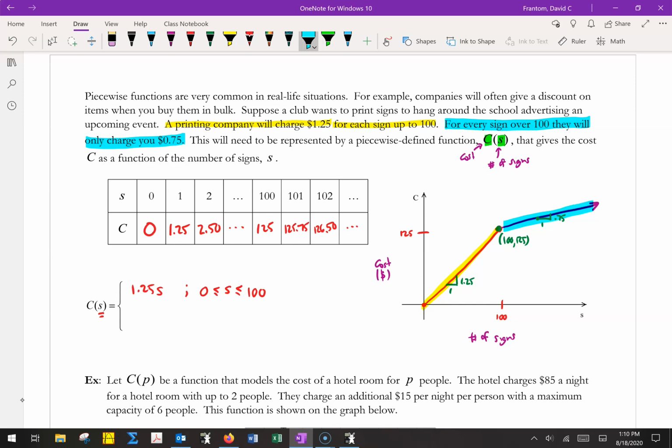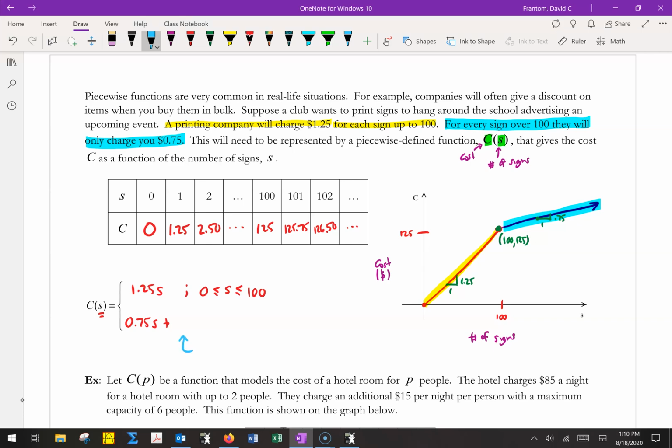The second part of the graph now, that has a slope of 0.75. The problem is we can't tell what the y-intercept is back there. So let's remember from Algebra 1 how we find a y-intercept. If we have a slope and we have some point, we can find the y-intercept.